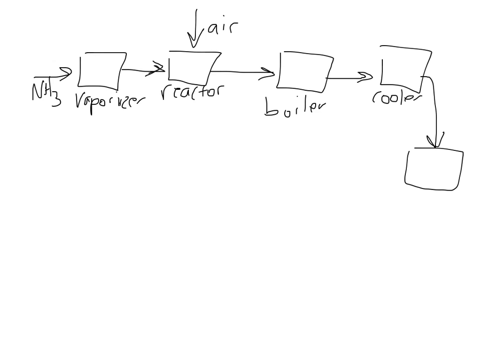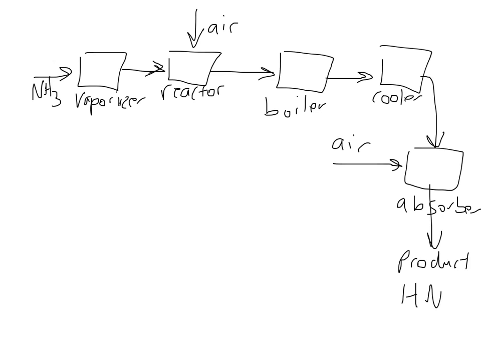Then we might send it to an adsorber that's mixed with air, and we end up here with some product, HNO3, and so this was just a chemical process to take NH3 to produce HNO3.